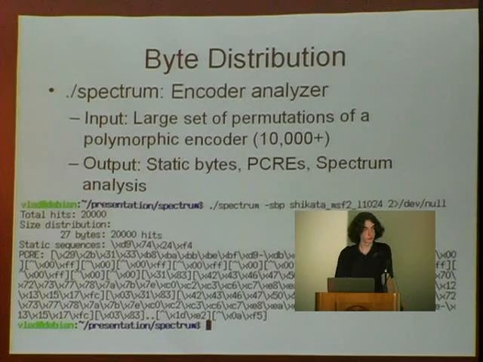And so what you can do with this is you can look at every single byte in every single one of those encoders, and you can say only these bytes actually occurred in all 20,000 or 50,000 encoders. So it's statistically probable that these are the only ones that are going to occur in the entire encoder anytime.